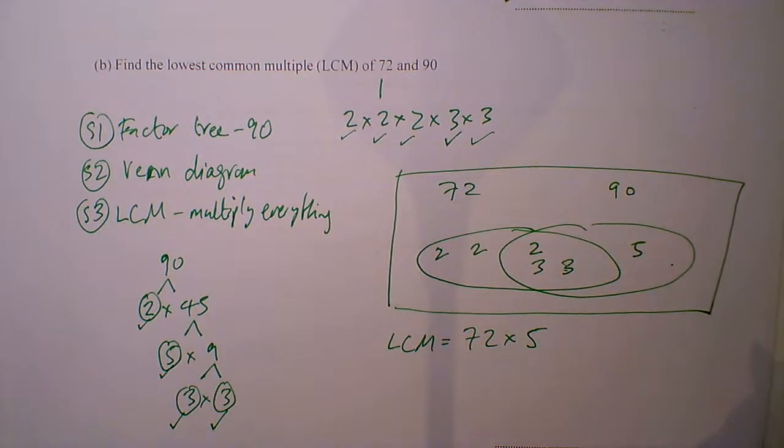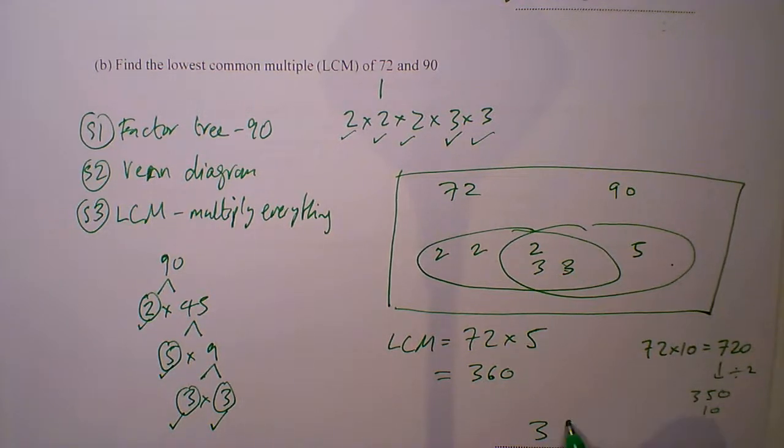As it's a non-calculator paper, 72 times 10 is easy to do. That's 720. And then I can just half that. So half of 700 is 350. Then half of 20 is 10. So that gives me 350 plus 10 is 360. So that's a little shortcut to work out my LCM.